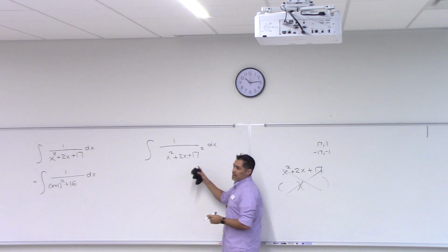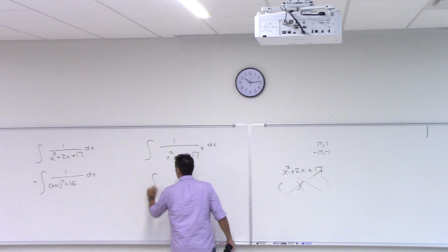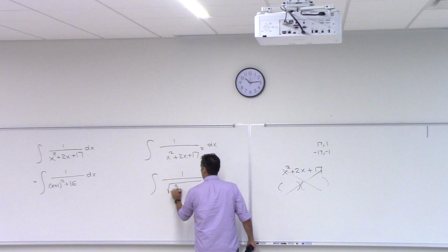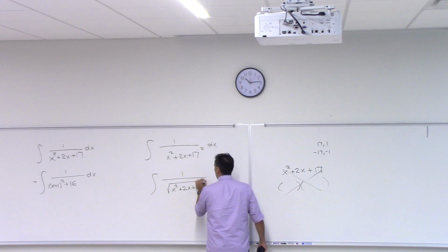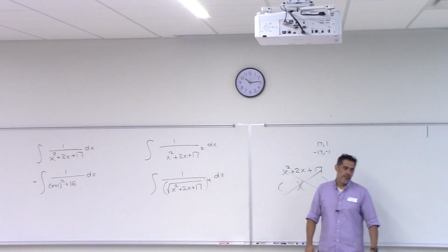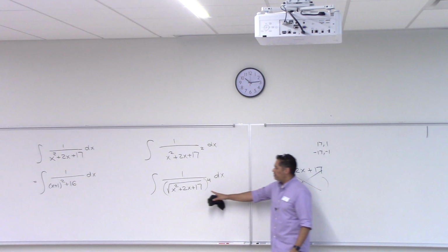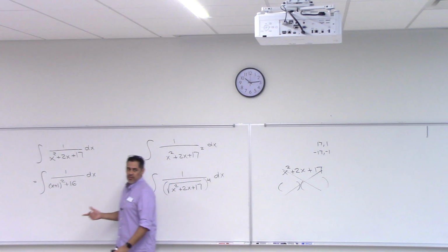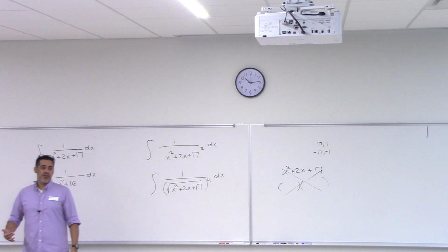Okay, so the way we could do this is to do this to the 4th power. And then complete the square here, and then do a basic u substitution, and then do trigonometric substitution.